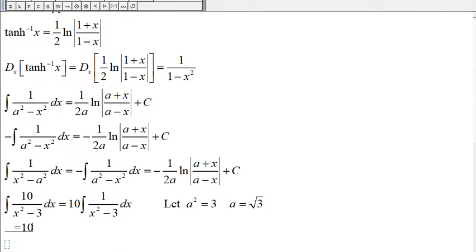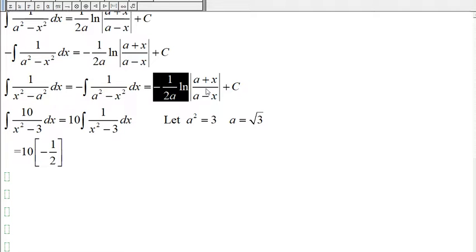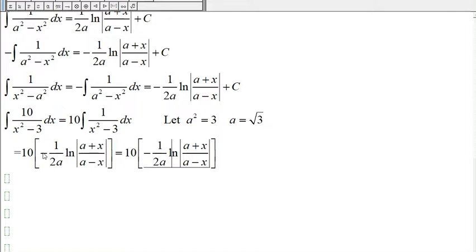And so this becomes 10 times negative 1 over 2a, and then a is the square root of 3.